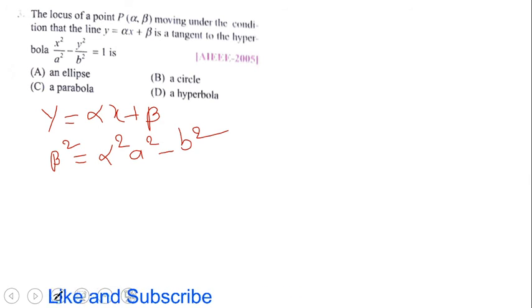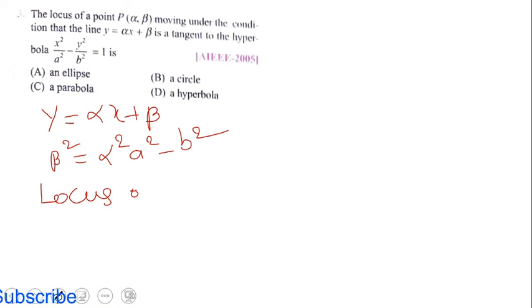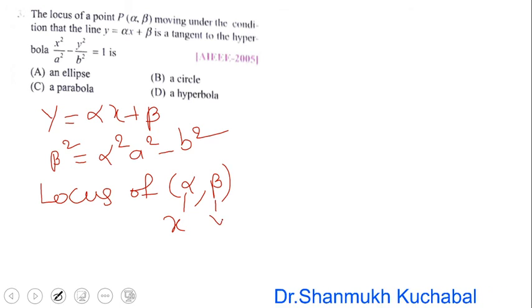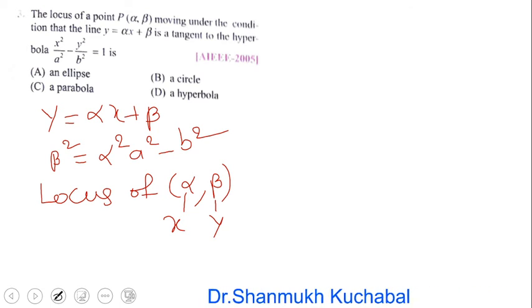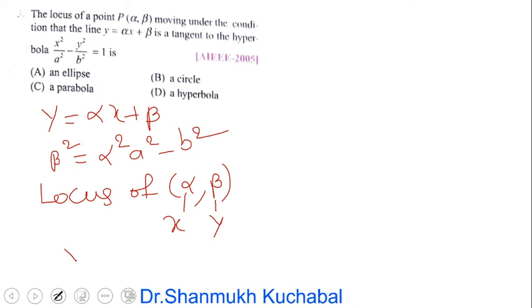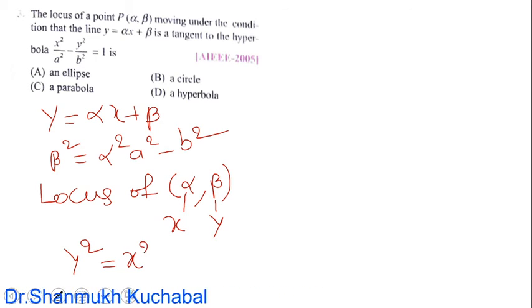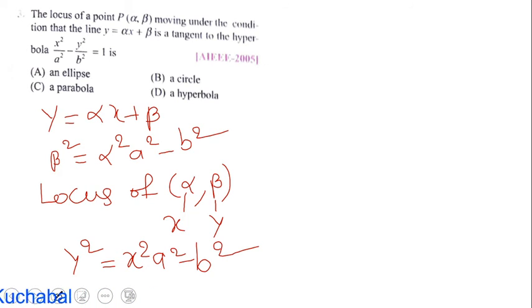Now we have to calculate the locus of (alpha, beta). So alpha is x, beta will be y. We get y square for beta square, and alpha square becomes x square, a square minus b square.